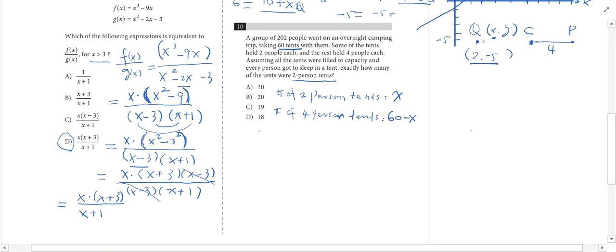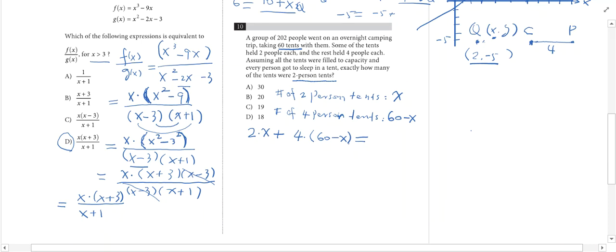You get 2 times x, because x tents with 2 persons, so 2x is the total number of persons in the 2-person tents, and then add 4 times 60 minus x, that's the total number of people in the 4-person tents. When you add together, that should be the total number of persons in the tents.